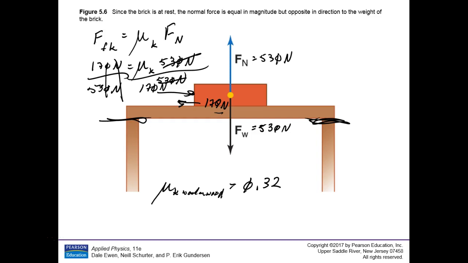Doesn't have to be the same, but let's see if we can find it. Hardwood on hardwood, they had 0.25. So yeah, that's not far off. Okay. Yep, 0.32. And it has no units because the force units always cancel out.